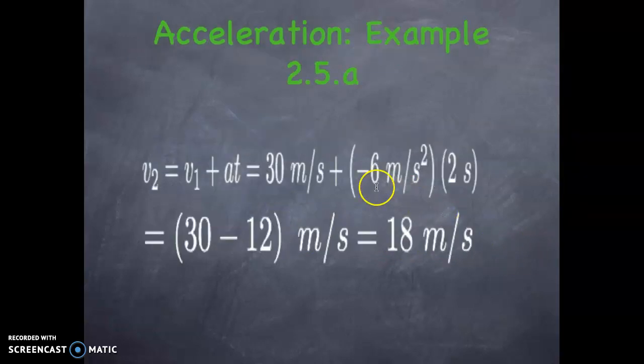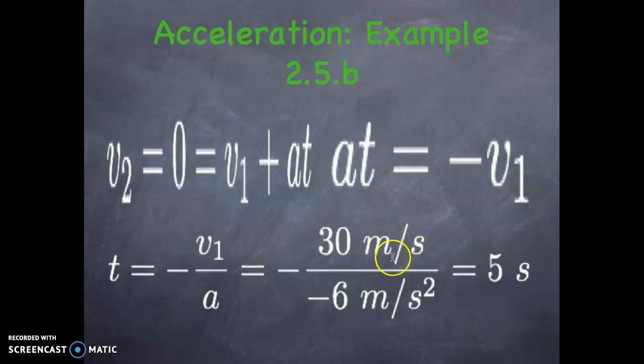You can make this calculation. At the end of that 2 seconds, it's going 18 meters per second. And how long did it take for all this to happen? It is equal to a negative 30 meters per second divided by minus 6 meters per second squared, 5 seconds is the time that it took.